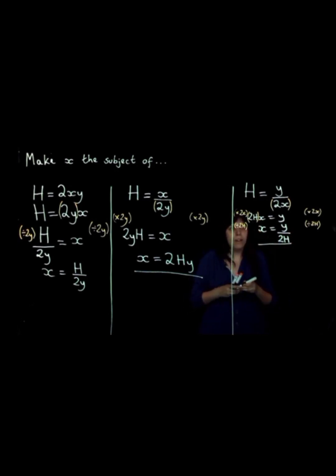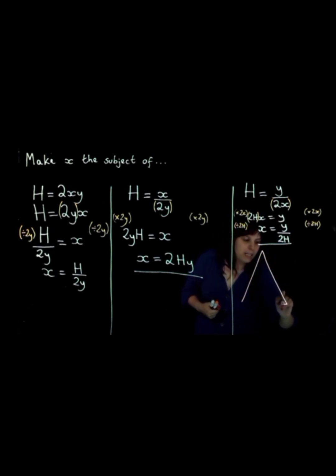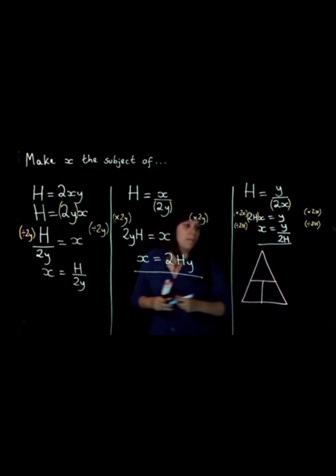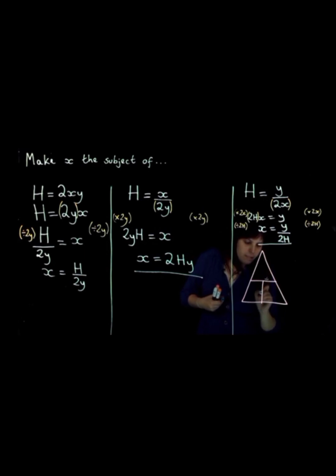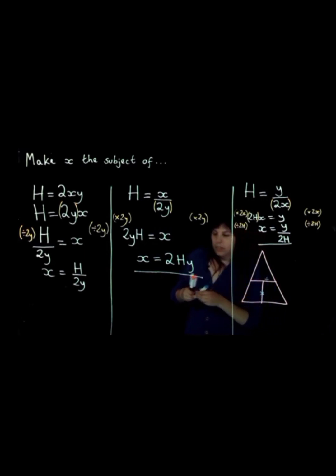And that's that one rearranged. Now I'm going to show you my other way of doing it, and it's really easy if you use this method. So I'm going to draw my rearranging triangle. Remember, this horizontal line means divide and the vertical line means times.